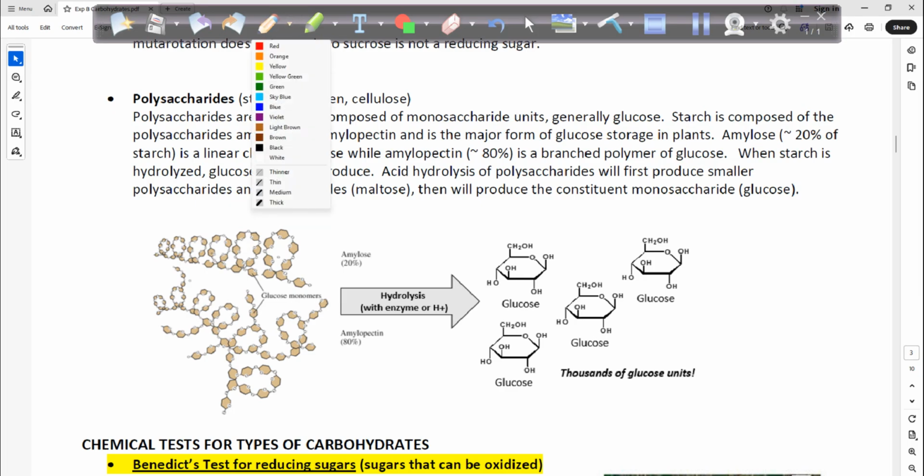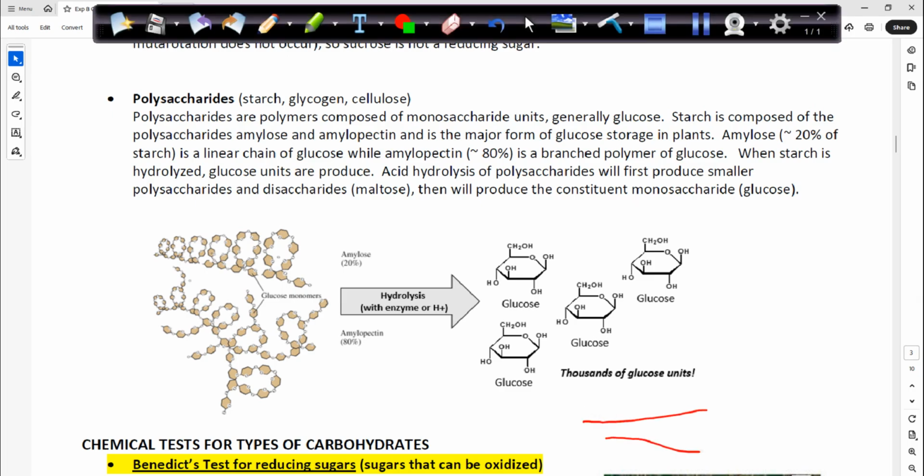All of those are glucose, lining up in a line and connected with oxygen in the middle. That's the way those polysaccharides are made.